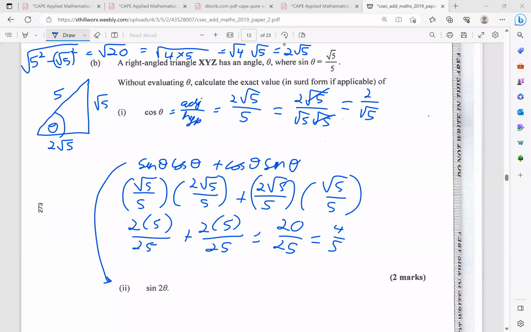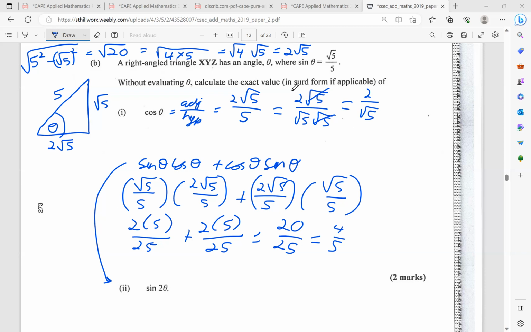All right. Give you all a minute to take this again and then we'll do another one. Sir, you can use the double angle formula. 2 root 5 is an answer, right?